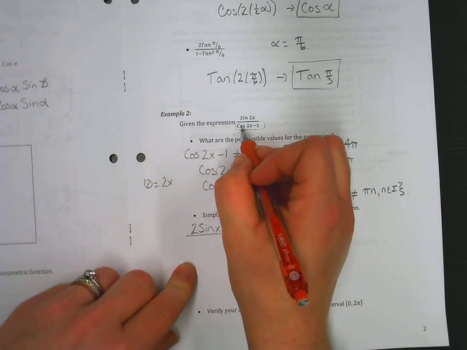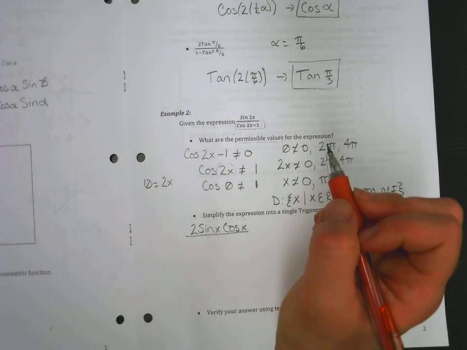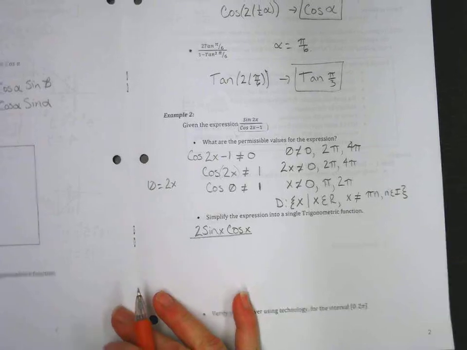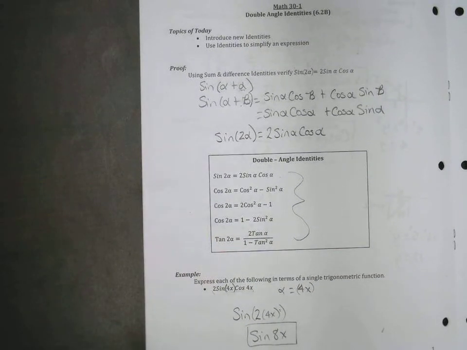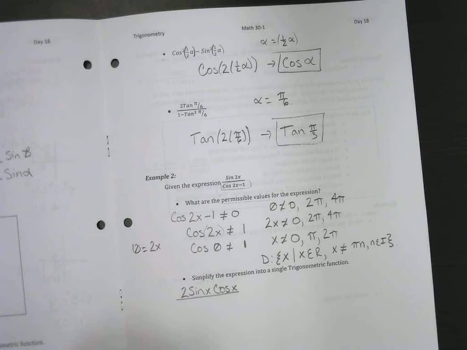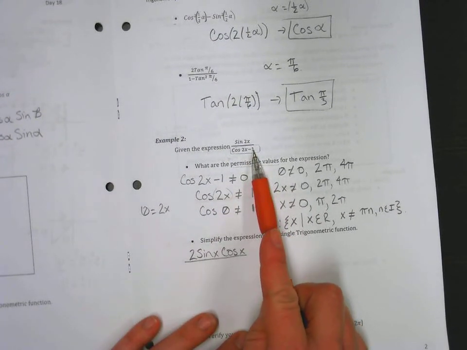I'm also going to recognize that cos of 2x can be replaced with a number of things. So I am trying to simplify this expression. When I look at this minus 1, I want to somehow eliminate this negative 1.